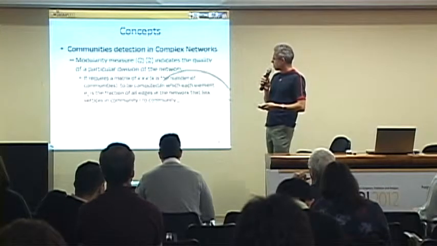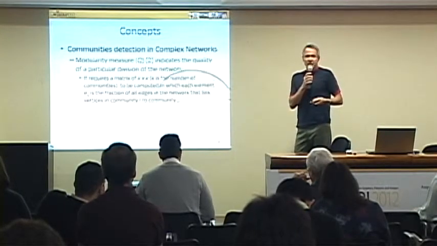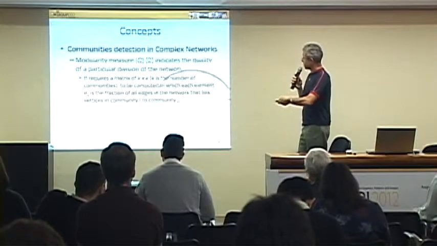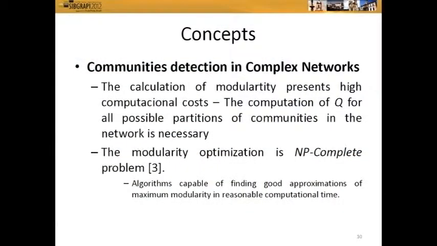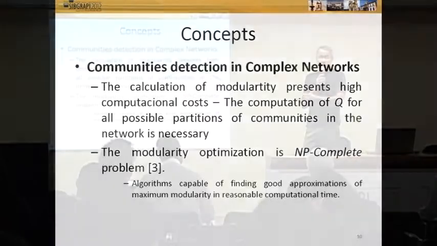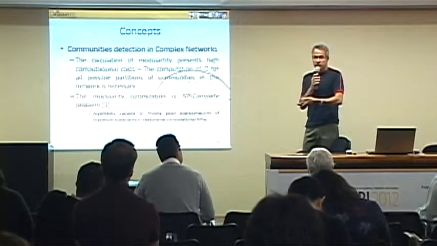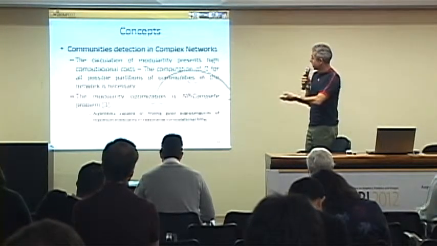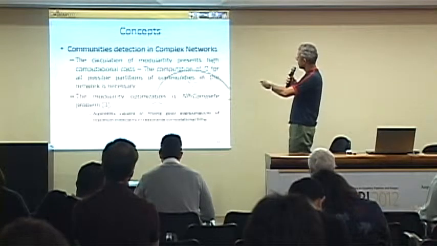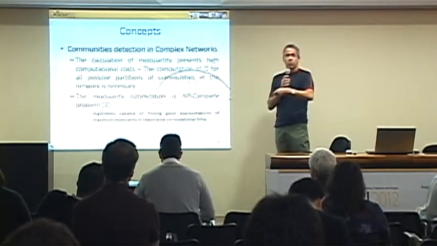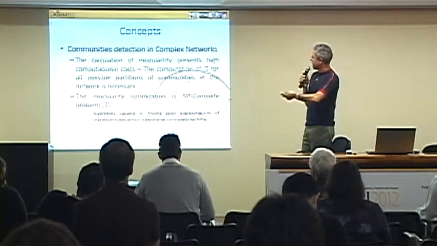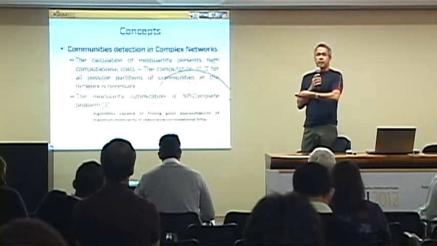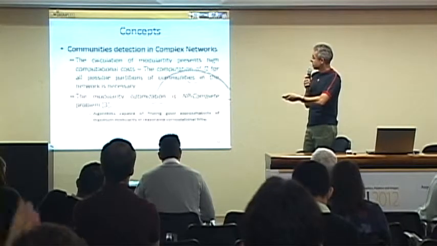And although this is not in itself a very expensive procedure, you have to do that for every single partitioning the community detector algorithm does in the network, in the graph. So if you have to compute k for every single setup of this partitioning, for every single community, then that's a very time-consuming process.